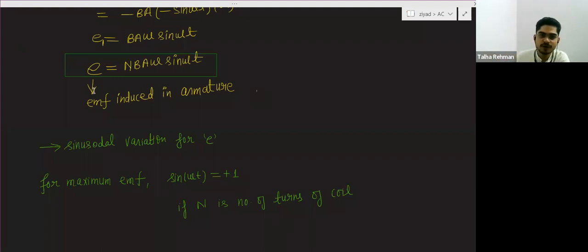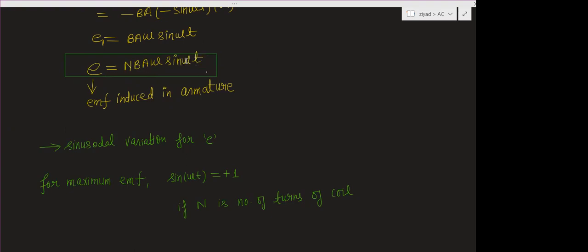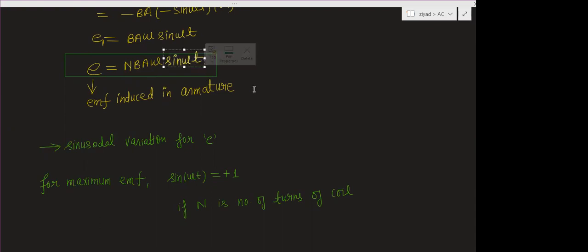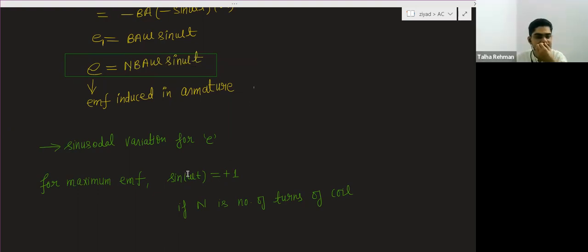What is variable here? This omega t is variable. Omega is constant, time is changing, so due to change in time, the sine will change. I am talking about the maximum value.